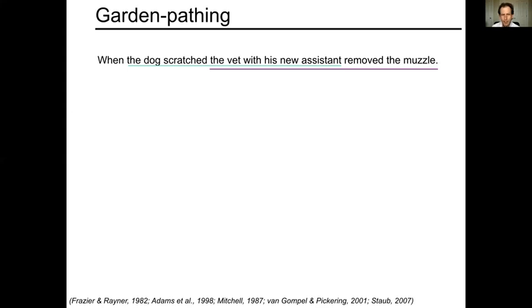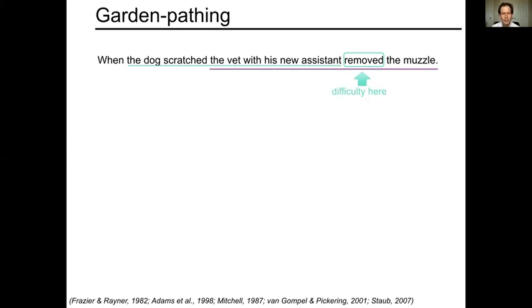Because of the incompatibility of the incremental parse where the vet with his new assistant is the object of scratched, removed is very hard because your preferred incremental parse is not compatible with incorporating removed into the tree at that point. And so you have difficulty at this point.